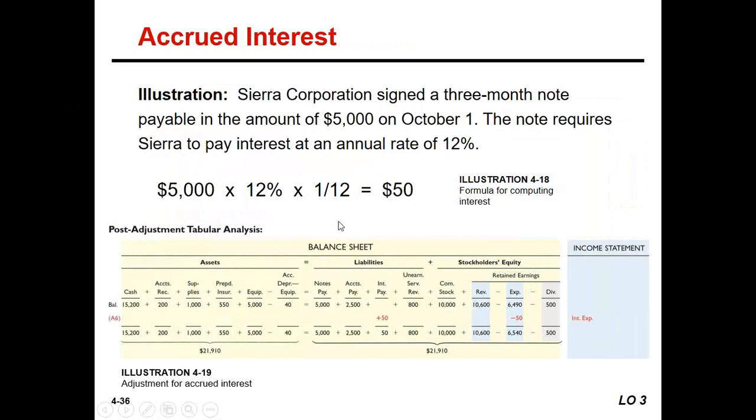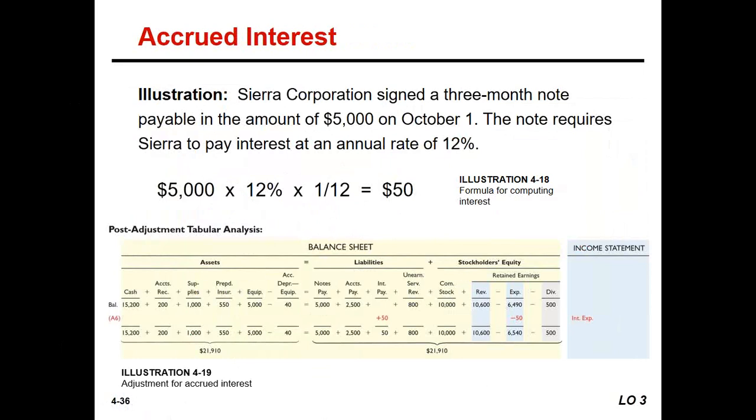Sierra signed a 3-month note, amount of $5,000. We were to pay interest at the annual rate of 12%. Do you know how to calculate interest? Principal times rate times time. And I believe we will always use very simplified time, months, and we are calculating interest for 1 month. So it would be $5,000 times 12% times 1 divided by 12 to get $50.